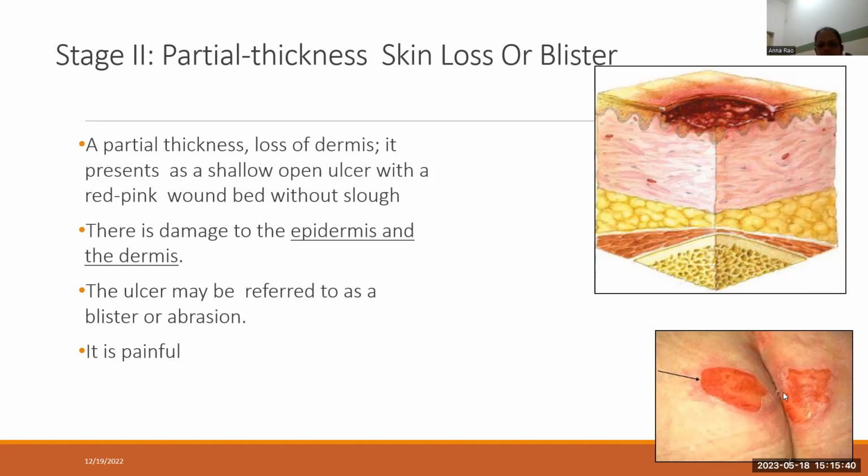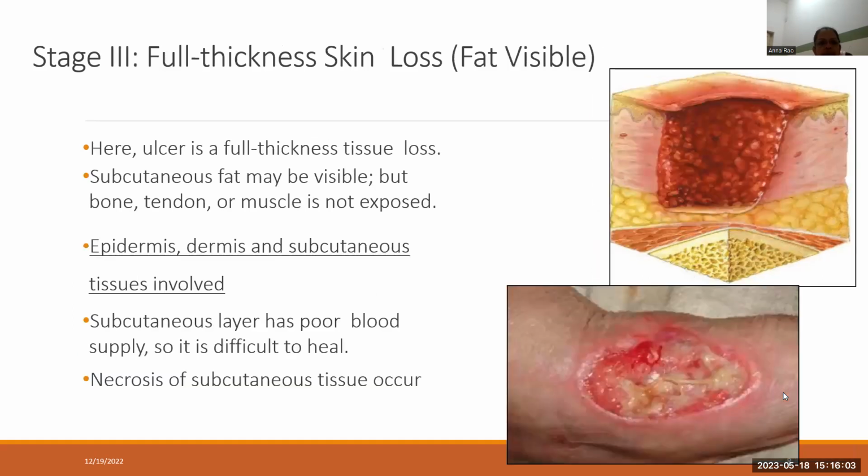The epidermis has come off, and you can see the underlying area. What has happened? A blister might have taken place. Sometimes the blister may have opened up because of the rupture. So you will find abrasion in the region, and it will be, of course, very painful to the patient.